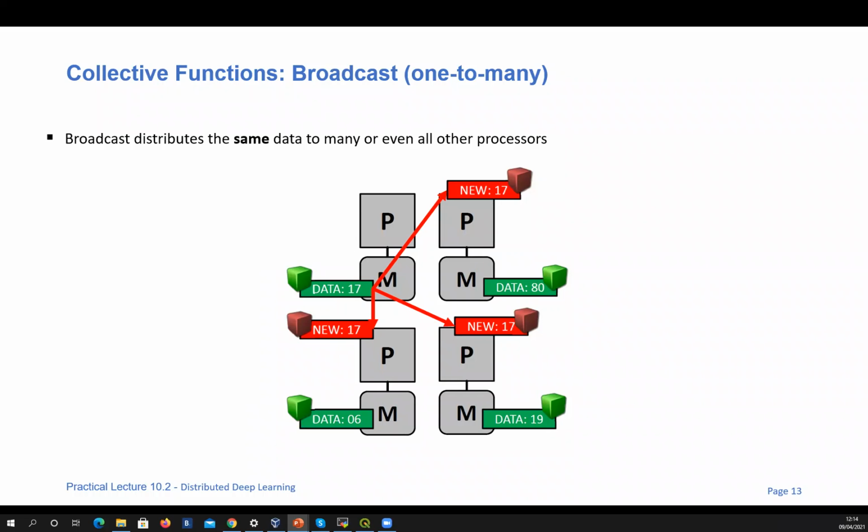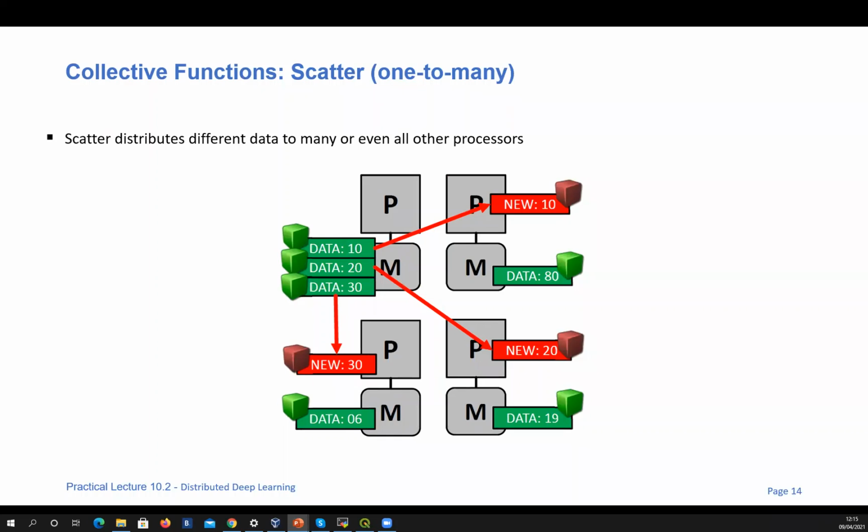As I said, there are one-to-one operations, which are the simplest. But then there is, for example, the broadcast operation, where one process sends the same data to different processes. Then there is the scatter. Scattering an array means sending different chunks to each process.